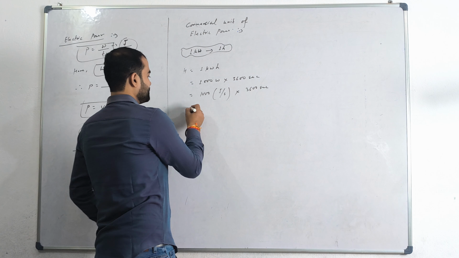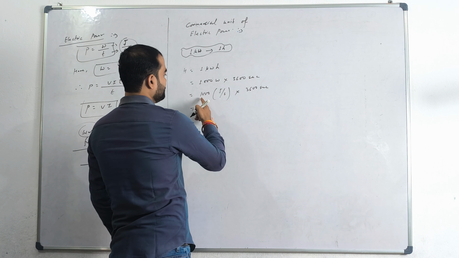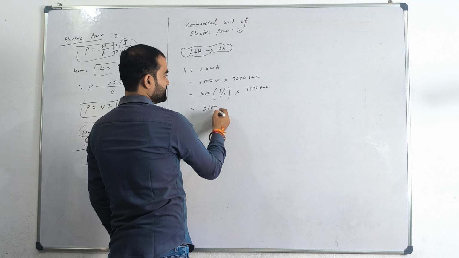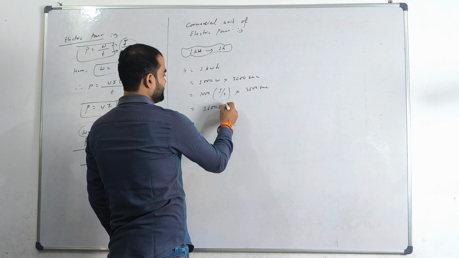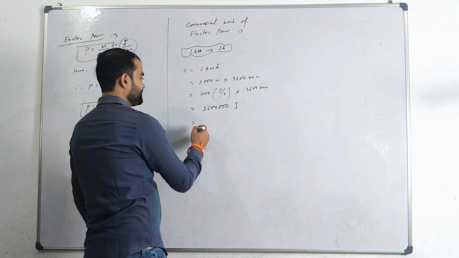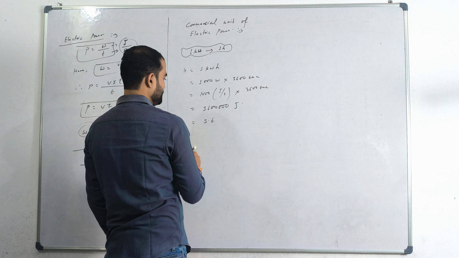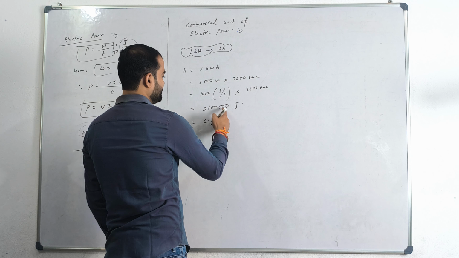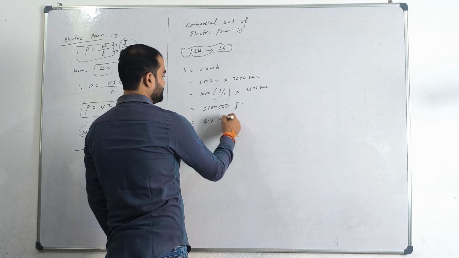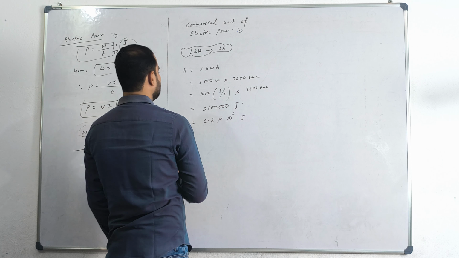Then here the second cancels, which means 3600 times 1000 joule. When we represent it in scientific notation, 3.6 into 10 to the power 6 joule.